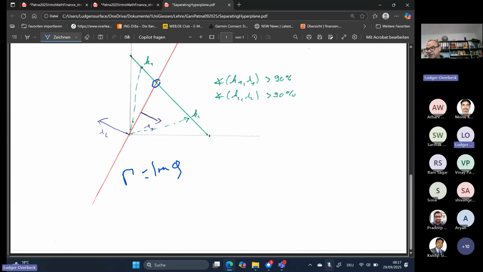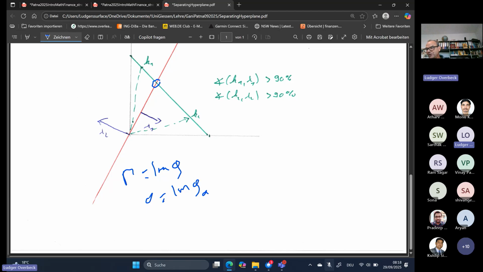If you have an arbitrage, this red point here, this intersection, is the value of the arbitrage strategy. But then you see all the angles here are larger than 90 degrees.